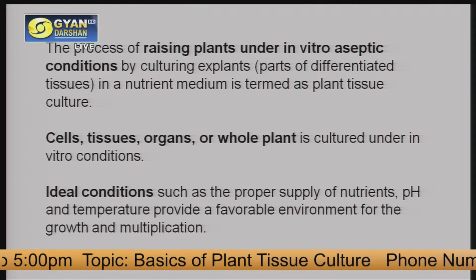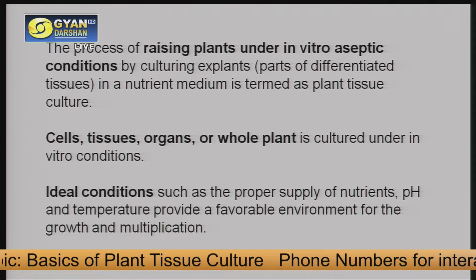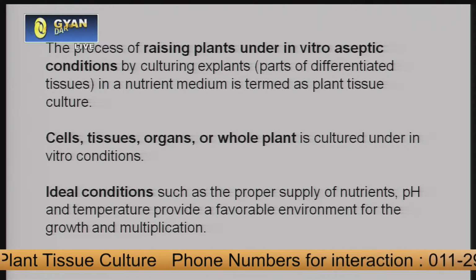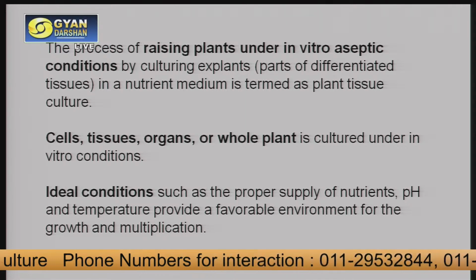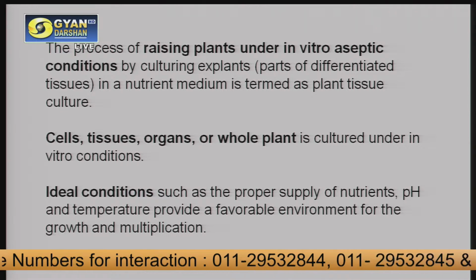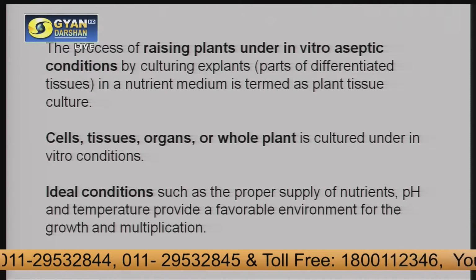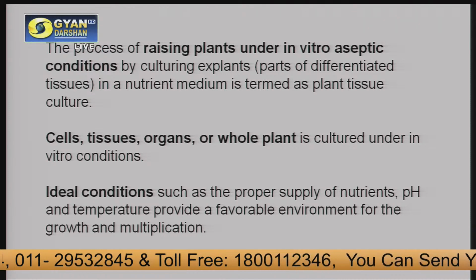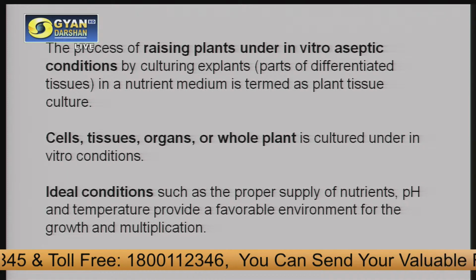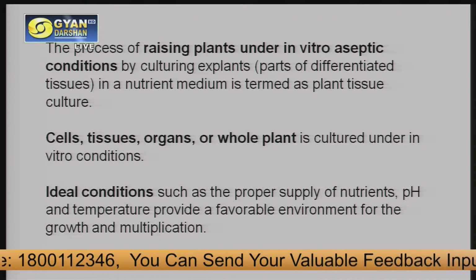So there are different questions that come to mind now. Number one, which are the cells or tissues or organs that we are going to use? Number two, what would be the composition of the culture medium, that is the artificial or synthetic medium where you want to grow the plant cells?